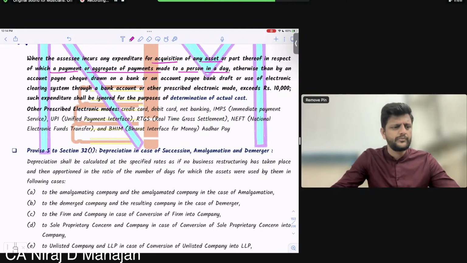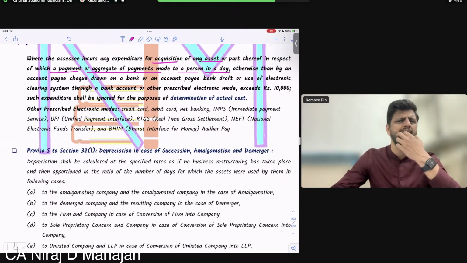But installments also means he is paying throughout the day. Some amount in morning, some in afternoon and some in evening. But the seller was only one party. So made to a person in a day. Your assessee is a buyer of asset and he is making payment to the seller in a single day.